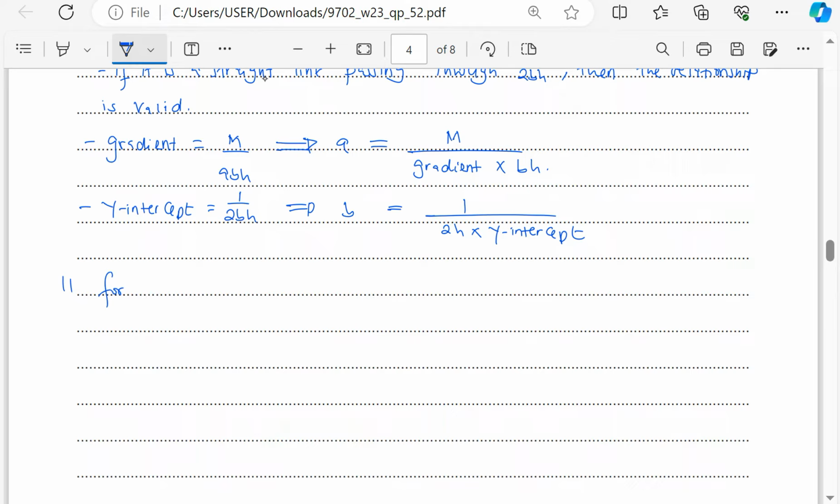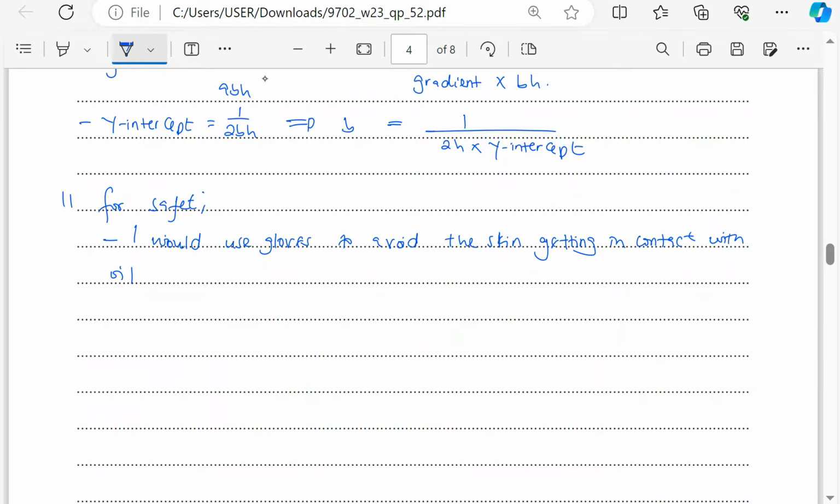I'll tell the examiner that for safety, one of the safety measures, I've already indicated them in the diagram, but I would use gloves to avoid the skin getting in contact with the oil, because oil could have an effect on the skin.